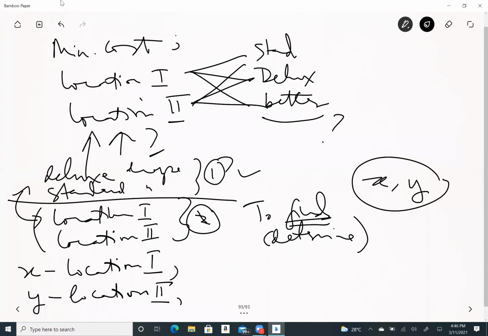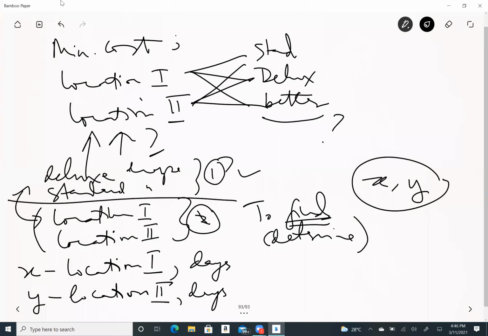The cost, the price? Not the price. Days, right? The number of days. So these are the units, the number of days that you should operate in order to minimize cost. So your variables are location in terms of days, not in terms of dollars, not in terms of kilograms.